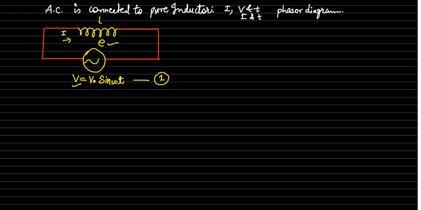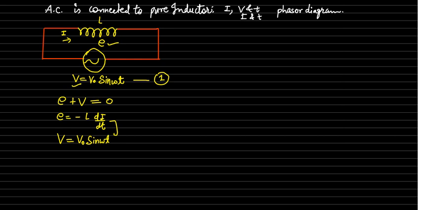From Kirchhoff's law we can write E plus V equals 0. Now according to Faraday's law of electromagnetic induction, E will be minus L di by dt, and V from the above equation is V naught sine omega t.